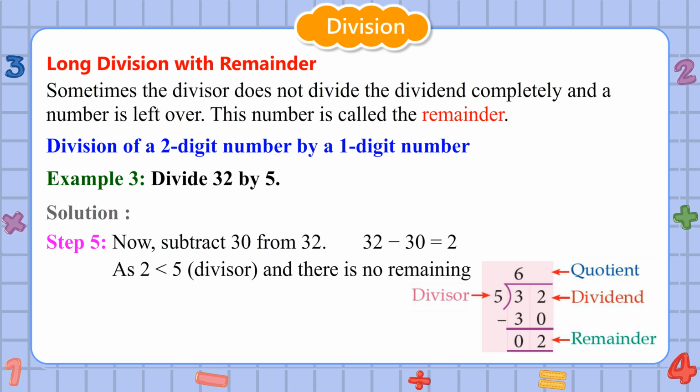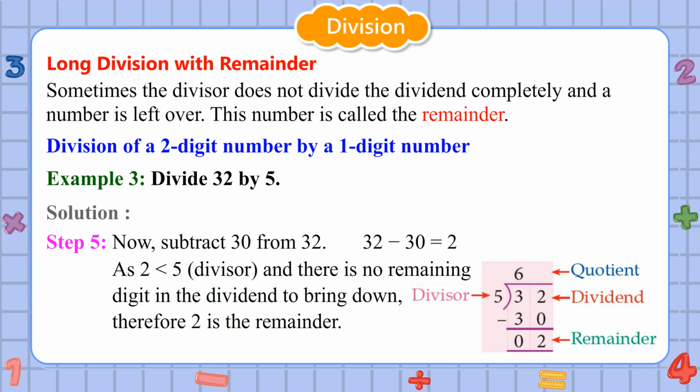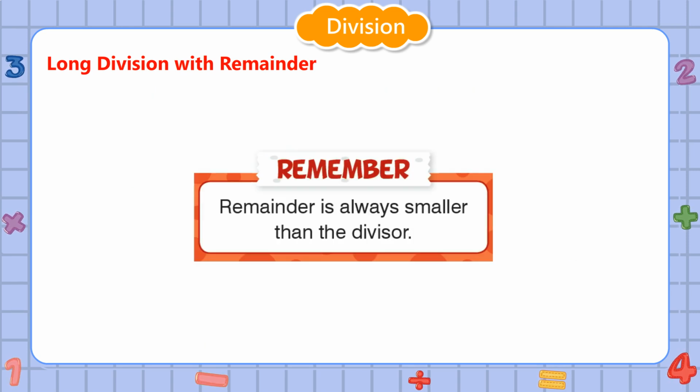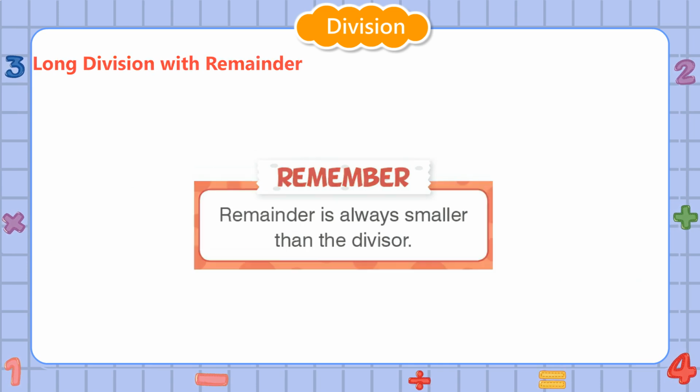As 2 is smaller than the divisor 5 and there is no remaining digit in the dividend to bring down, therefore 2 is the remainder. So quotient is equal to 6 and remainder is equal to 2. Remember, remainder is always smaller than the divisor.